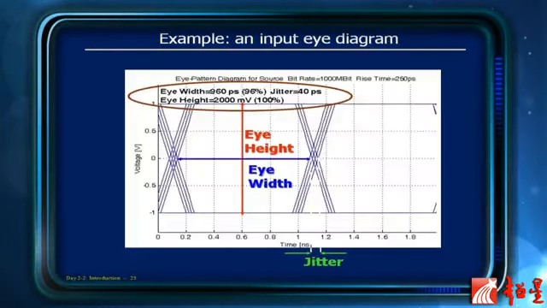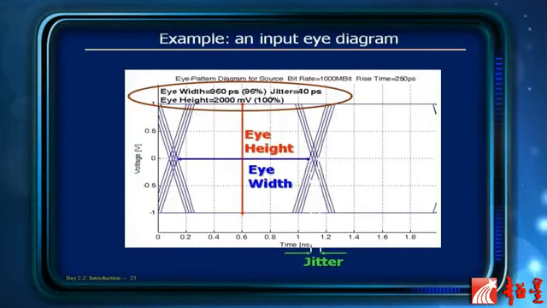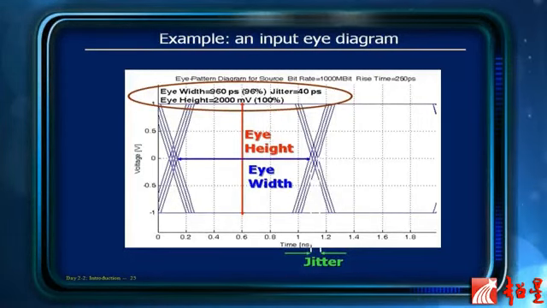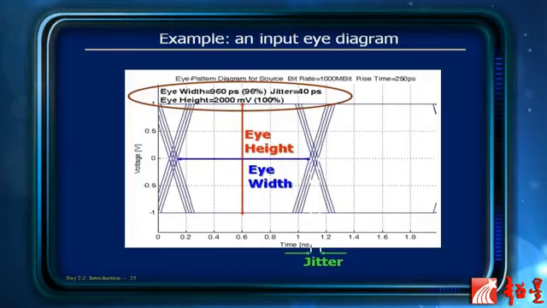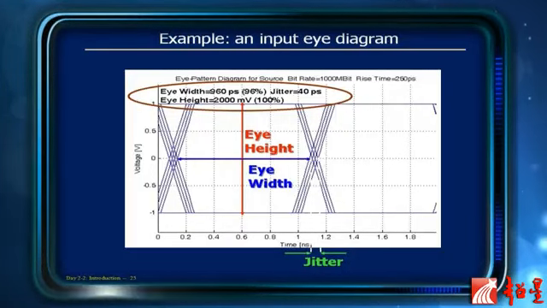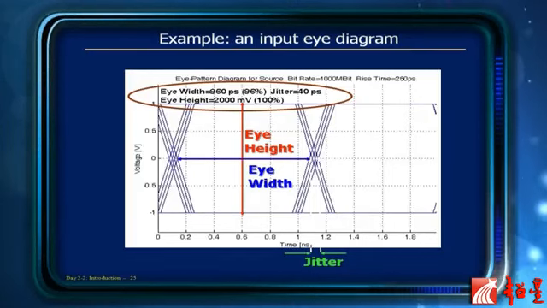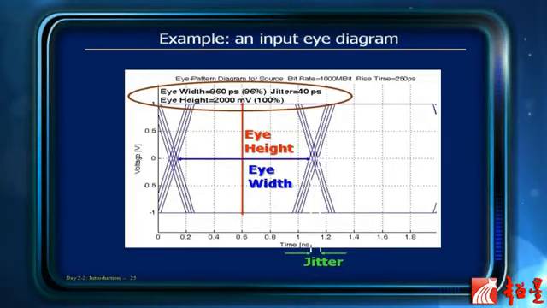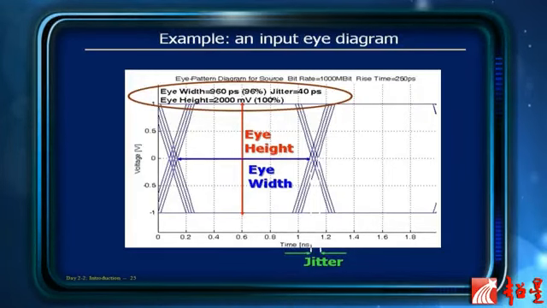Then if you put them together, you form an eye, or so-called eye diagram. The eye diagram can be specified with some parameters. One is the eye height, the height of the eye, and the width of the eye.